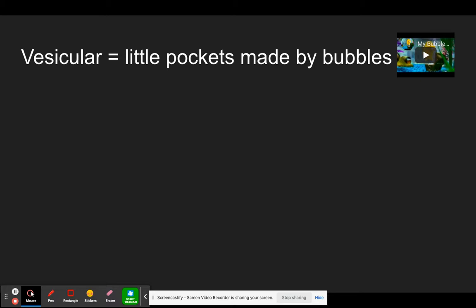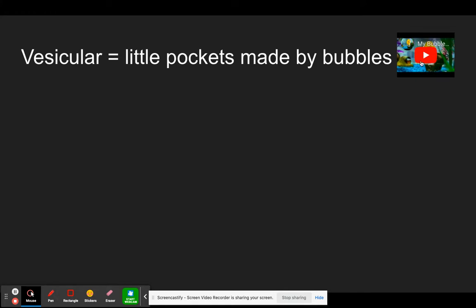It forms bubbles. Sometimes that happens with volcanoes too. So they're called vesicles. And if they have vesicles, then they are vesicular. So this is a word that we can use to describe an igneous rock. We can say it is vesicular. It has vesicles, aka it has little pockets that are made by bubbles.